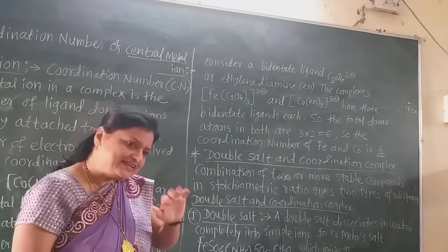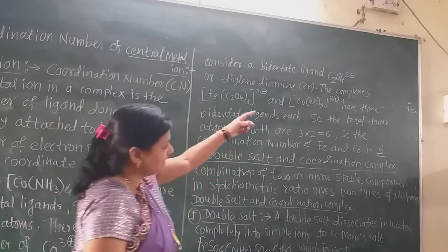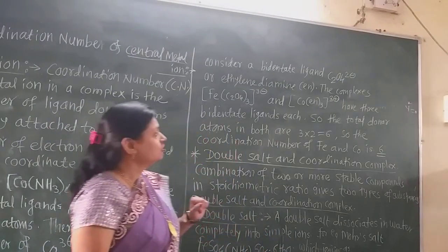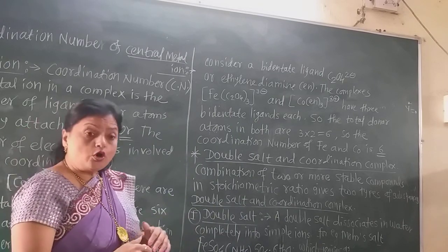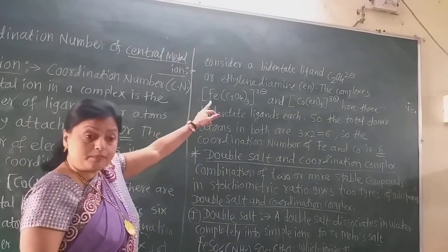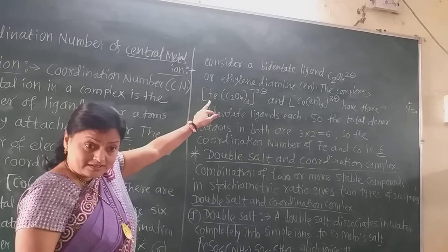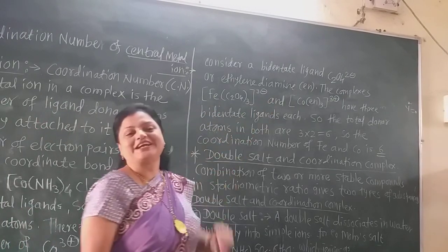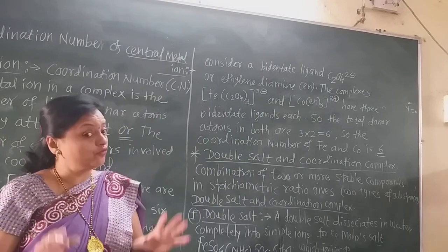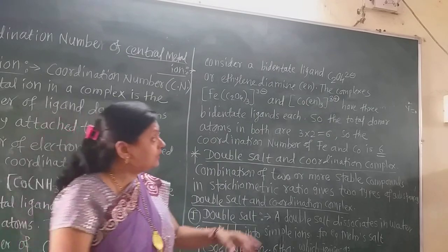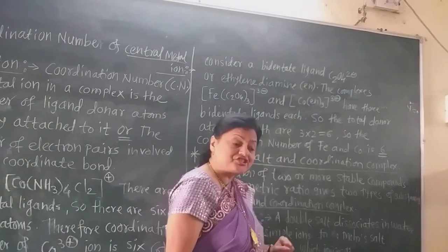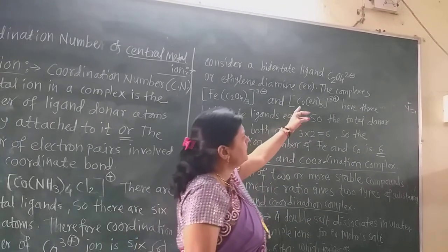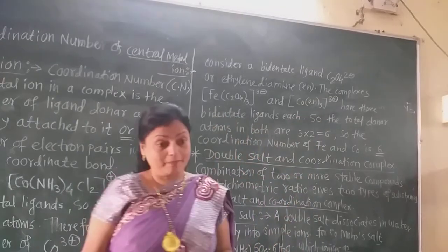So totally -6 charge from the oxalate ions. Now add the +3 of the metal to the -6. How much? -3. So the charge is -3 here. That is very important, why the charge is so. Now here cobalt has +3 charge, but ethylene diamine is a neutral molecule. So totally +3 charge comes on this complex.